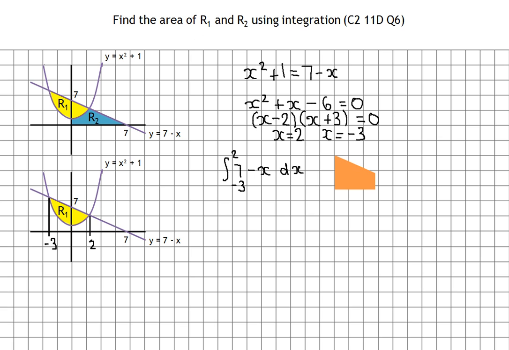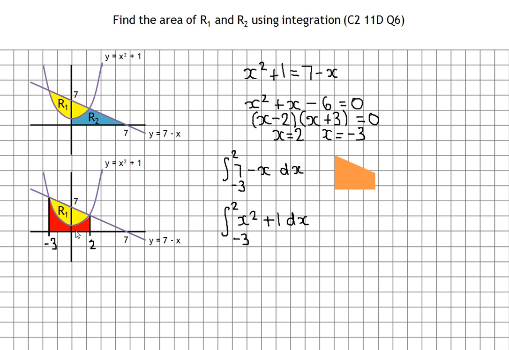Now if we have a look at what happens when we integrate under this curve here, so if we do the integral of x squared plus 1 with respect to x between 2 and minus 3, that's going to give us the integral between here and here under that curve. So that looks like this.